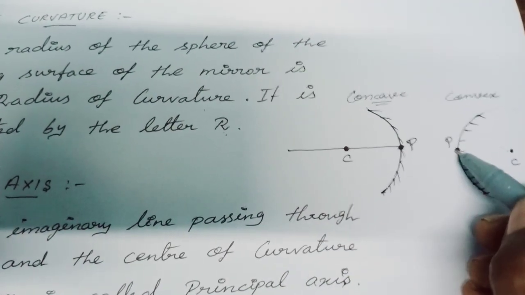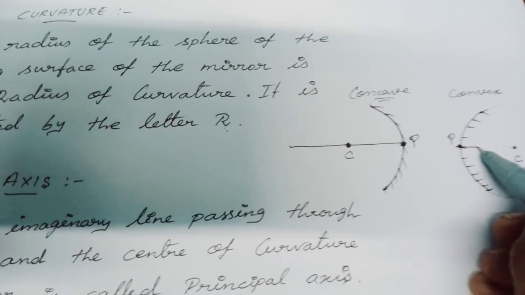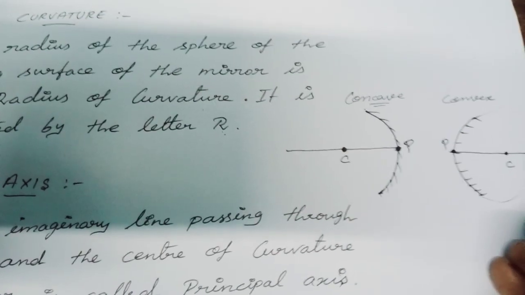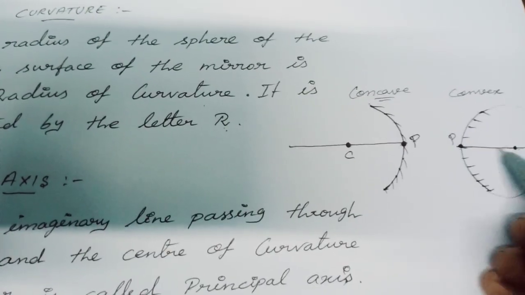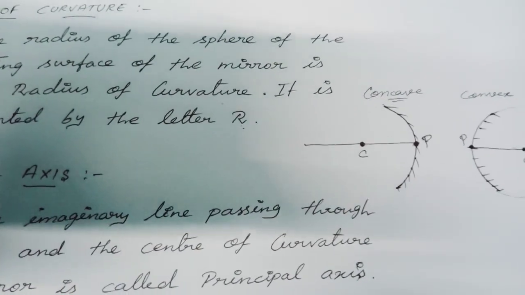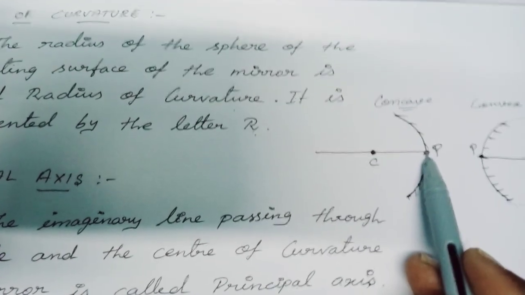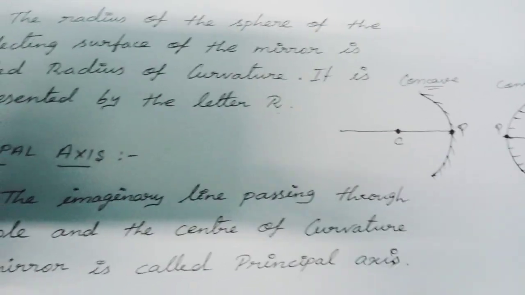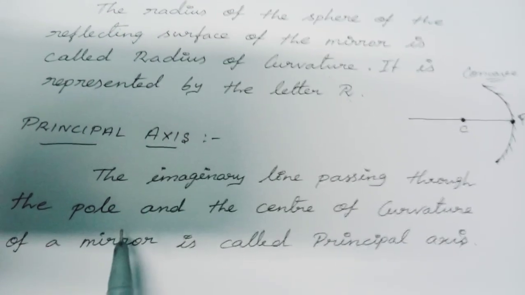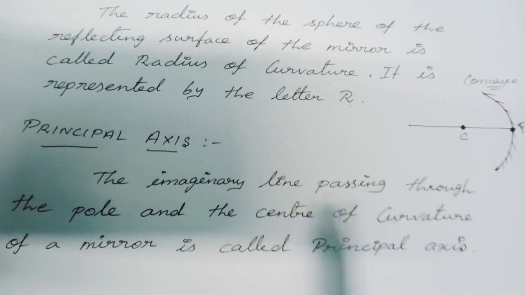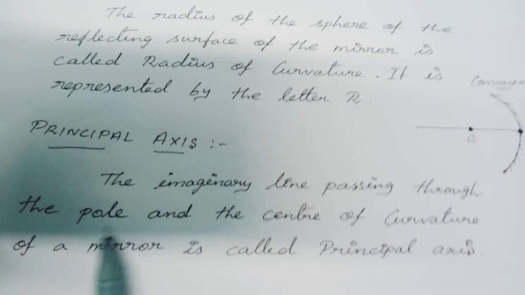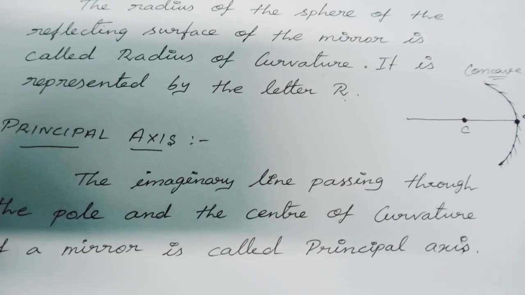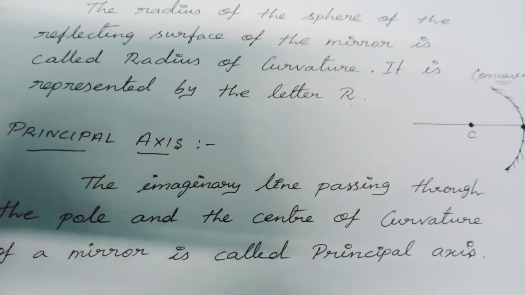The imaginary line passing through the pole and the center of curvature of the mirror is called the principal axis. For a concave mirror, this is the principal axis, and for a convex mirror, this is the principal axis, but the definition is the same. Is it clear, children?